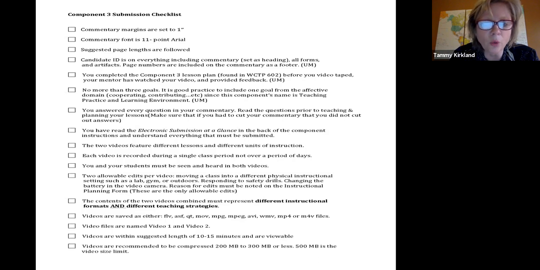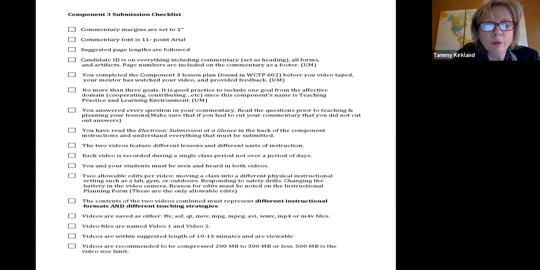That will make your video unscorable. Again, you can only edit it if you're leaving your classroom and going somewhere else, responding to safety drills, or changing the battery in your video. Those are the only allowable edits, and you're only allowed 2.